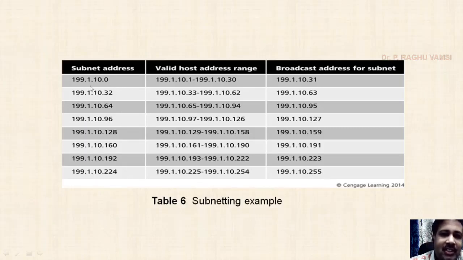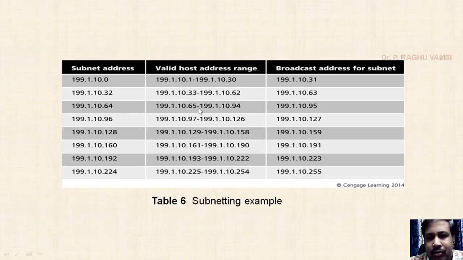So for all these, whenever you use this IP address range, this is the subnet address with the subnet mask 255.255.255.224. This is the way you can create the subnet addresses. Now, this subnet address can be assigned to one department, and another subnet address to another department, and the third one to another department.